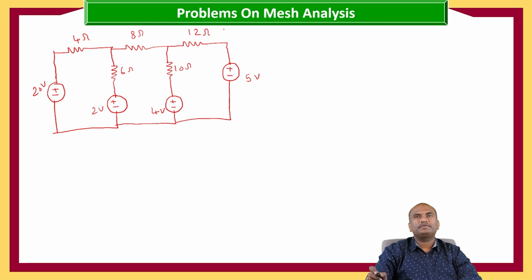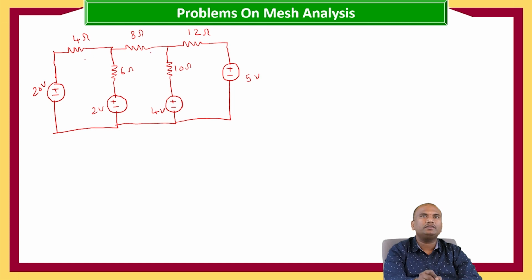This is the circuit which is having four voltage sources. The number of sources is increasing because mesh analysis has the advantage of calculating the currents in the meshes even though we have n number of elements, n number of sources. So here we are taking four sources with five resistors, and this circuit consists of three meshes.